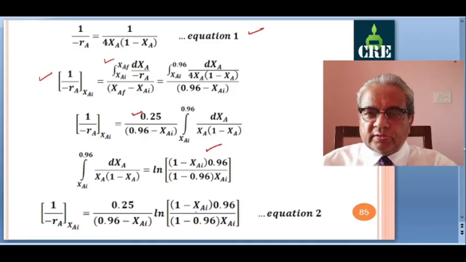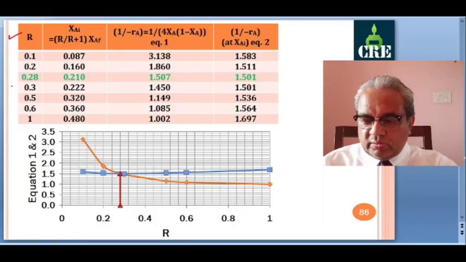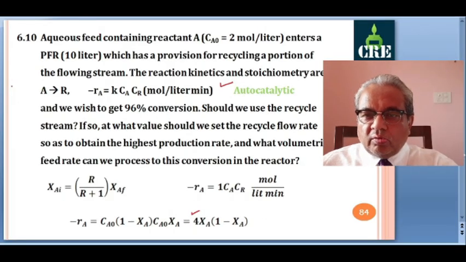These two equations we should use, and we want to find the value of XAI from here so that it matches equation 1. For different recycle ratios I am taking, since there is provision for recycling. The question is, should we use the recycle stream?